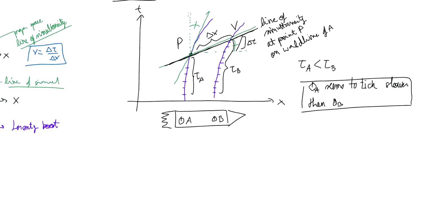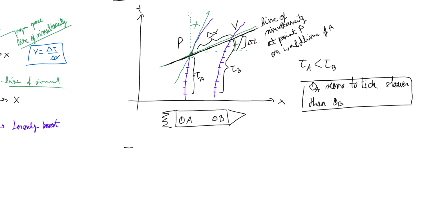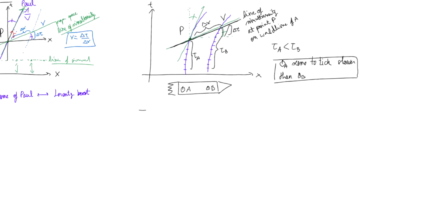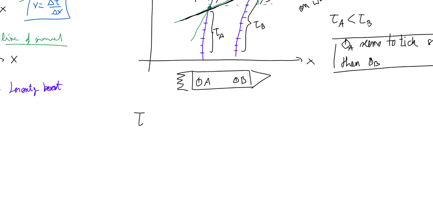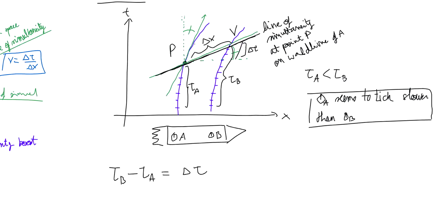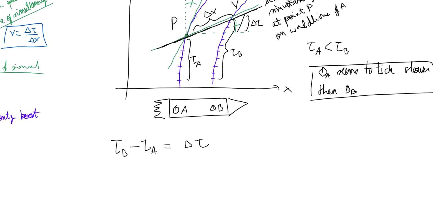So we now see that if you do tau B minus tau A, you obtain this small delta tau here. Delta tau, let me write that better. Delta tau, okay.